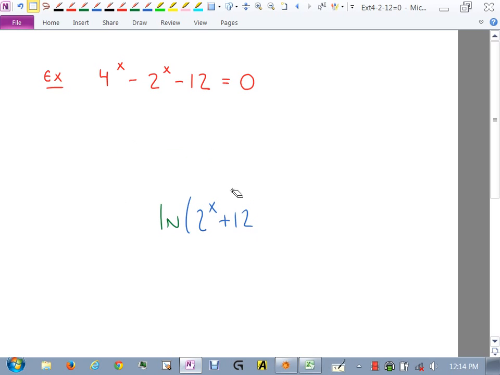You got to see something very special happening here. All right, so tell me if you agree with this. Is that the same? 4 to the x is the same as 2 squared to the x?